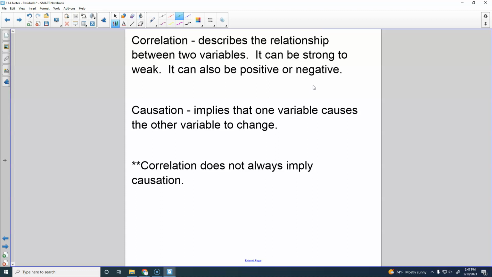So in general, I don't know if you'll see any questions on the exam about causation, but you pretty much can never make the assumption that because two variables are correlated, one definitely causes the other. It might provide evidence that one may cause the other.